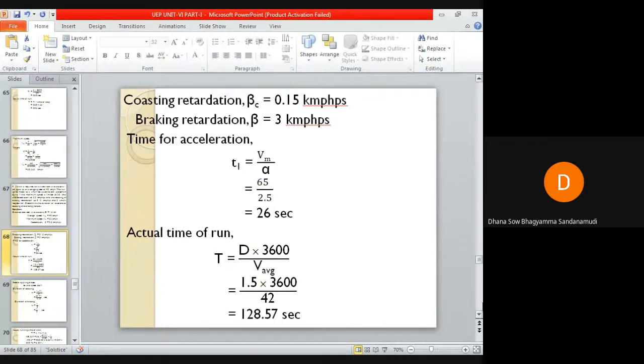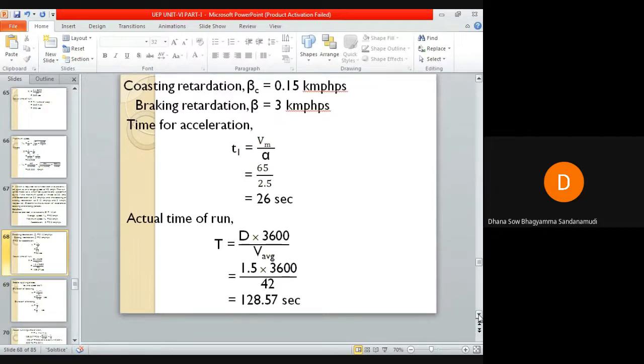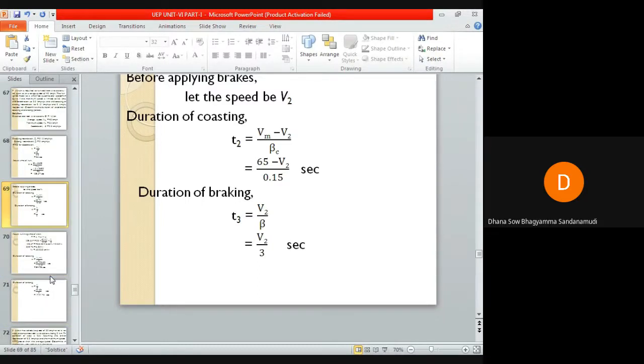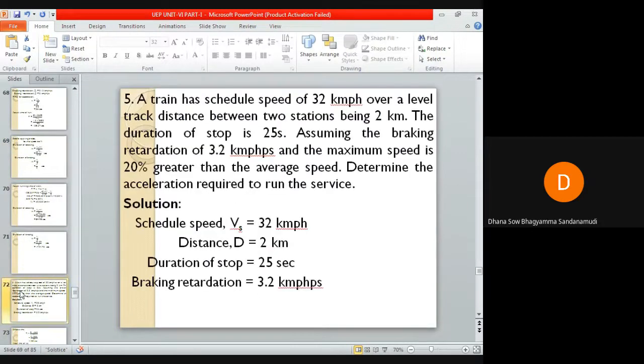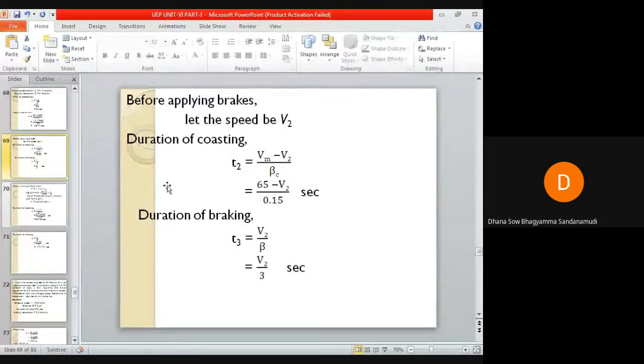Now this is the time of run for the train from one station to another station. We have already determined the time for the acceleration. Now let us consider that the speed of the train before applying the brake is V2.